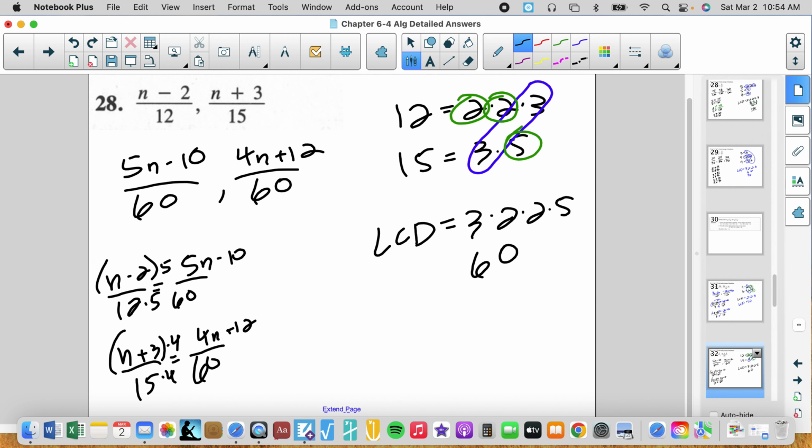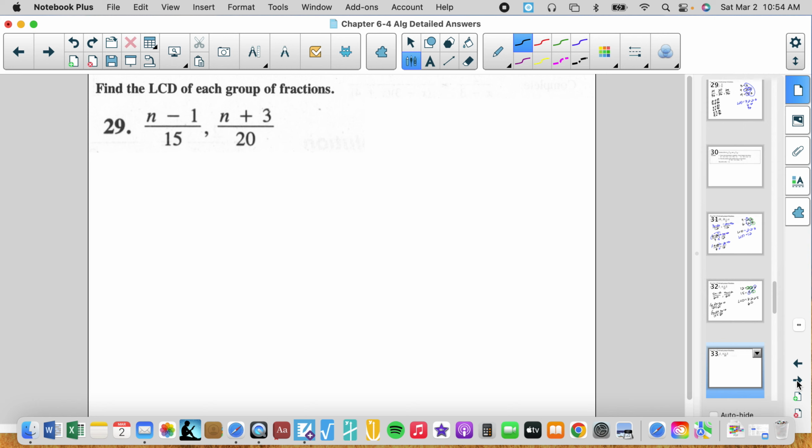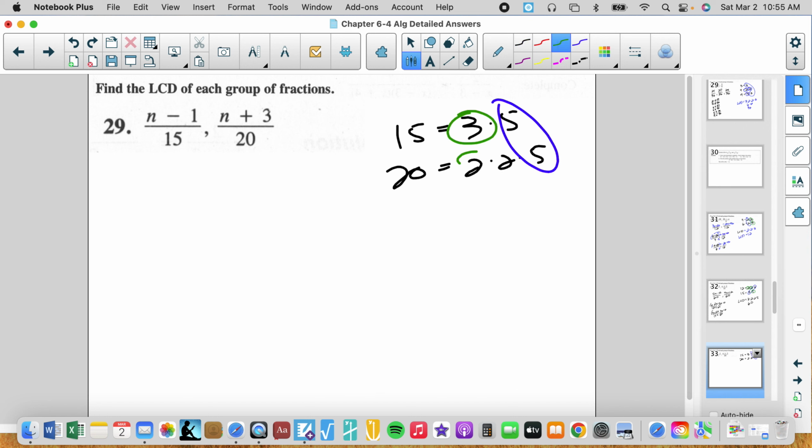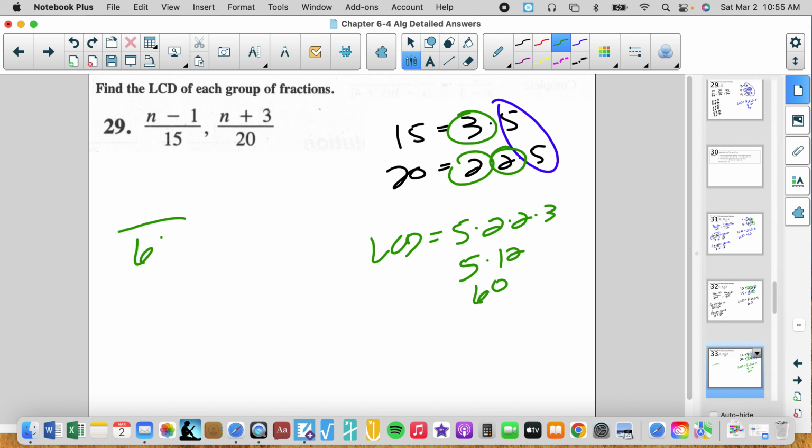Yeah, you want to build this confidence. If you can be this good at this, you're going to see algebra as much, much easier. 3 times 5, 2 times 2 times 5. They have in common, leftover, leftover, leftover. LCD is 5 times 2 times 2 times 3, which is 5 times 12, which is 60 again. 60ths.